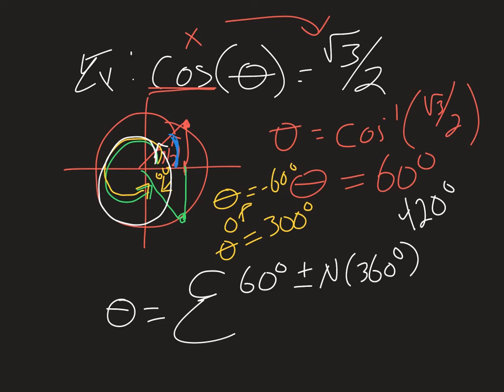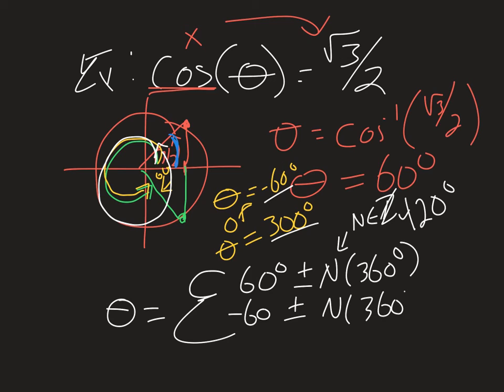Where n here is an integer. Okay? And then, very similarly, we could use either the 300 or the negative 60. In this case, I'll use the negative 60, again plus or minus any multiple of 360 degrees. Now, if you'll notice, if I was to take negative 60 and add 360 degrees to it, there's my 300. So that one is covered here.